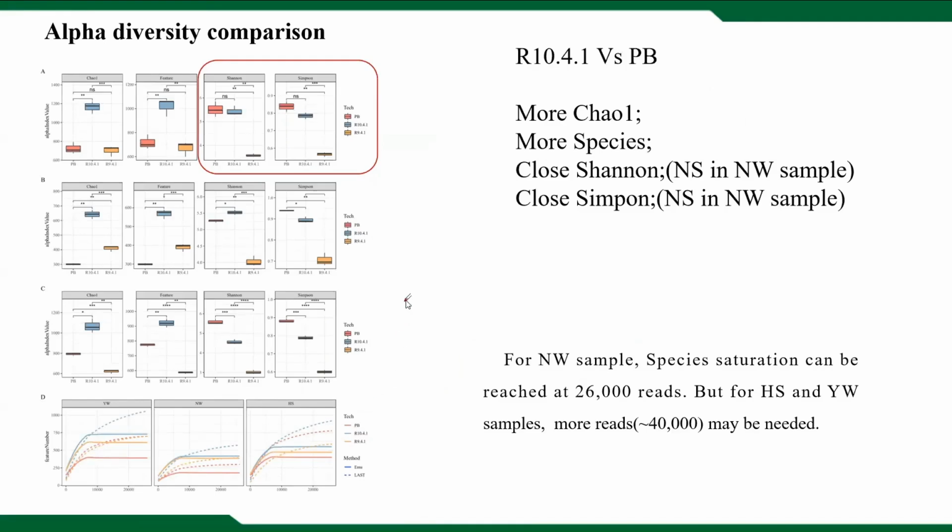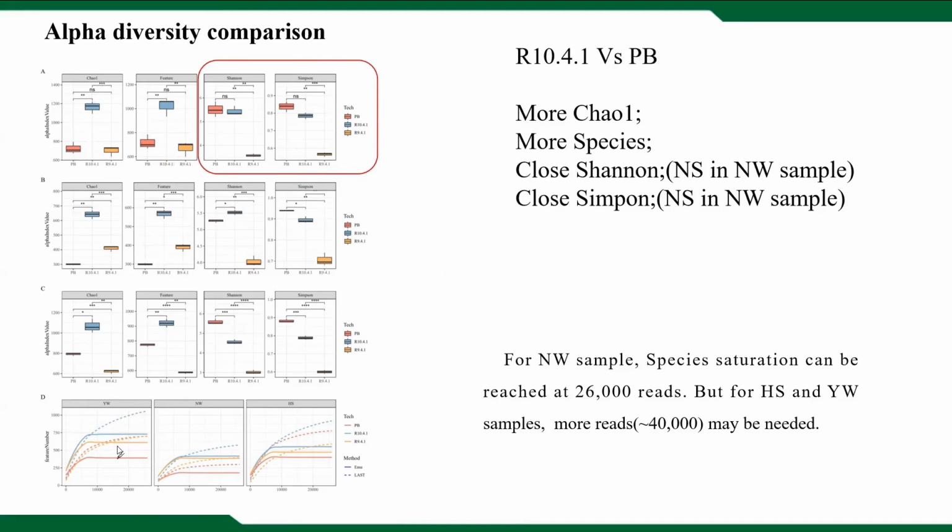A box plot of alpha diversity across the 3 platforms is shown. R10 data can obtain a higher alpha diversity than PacBio for CHO1 and Chao1. In addition, PacBio and R10 lie closer by the Shannon and Simpson indices, and their significance is lower than PacBio and R9. Especially, PacBio and R10 don't show statistical significance for YW water samples, but there were significant differences between PacBio and R9.